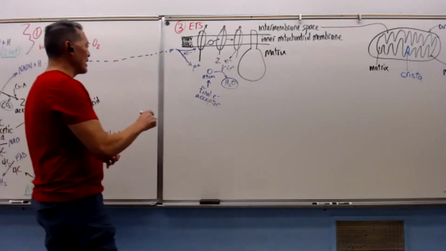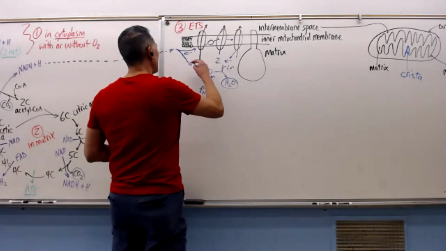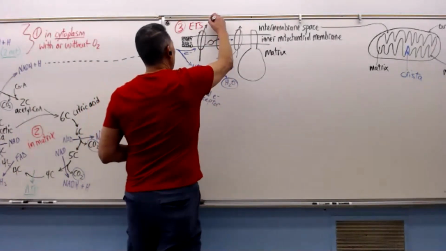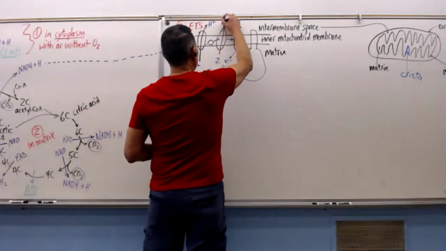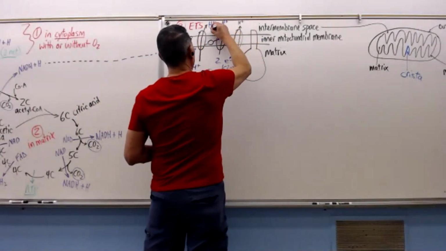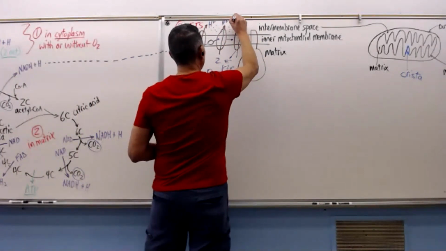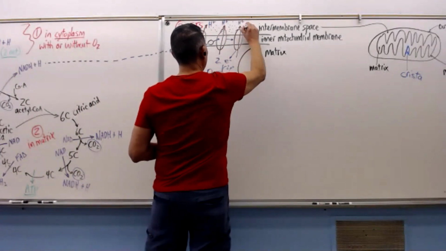So those protons are actually H+. And you get a bunch of H+'s up here. Let's say all these purple dots are H+'s. Why are there so many more H+'s up here?